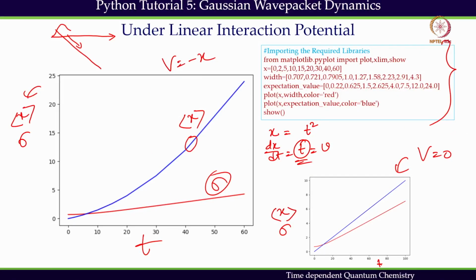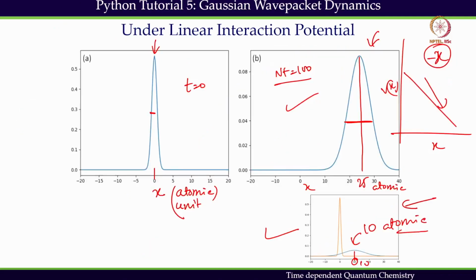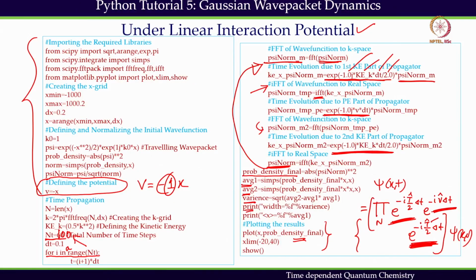So this entire procedure can help anybody to express the wave packet dynamics following the symmetrized split operator approach. In order to implement this split operator approach, all we need to know is the potential.